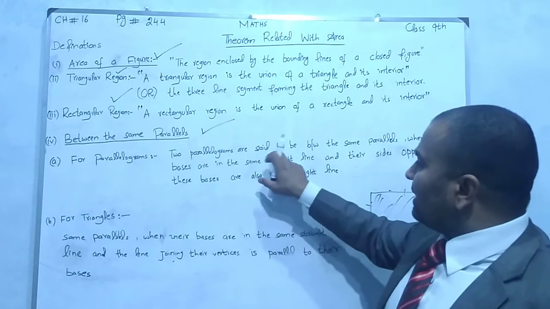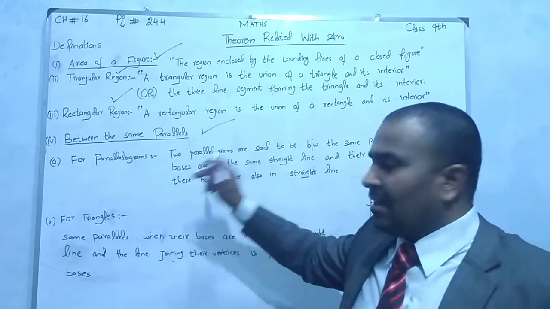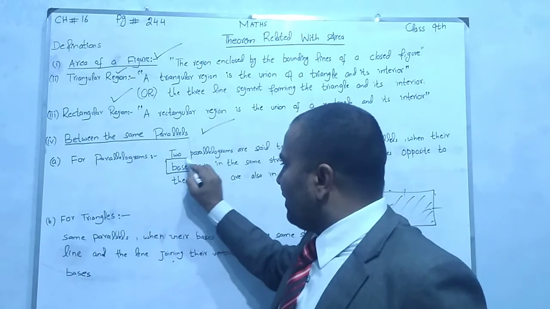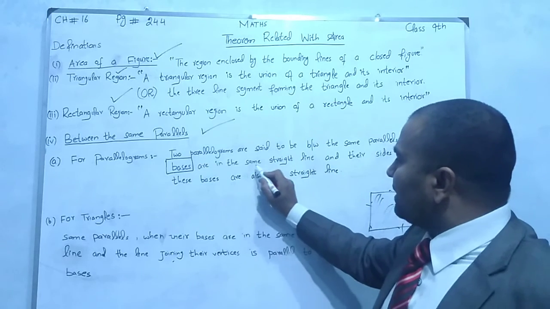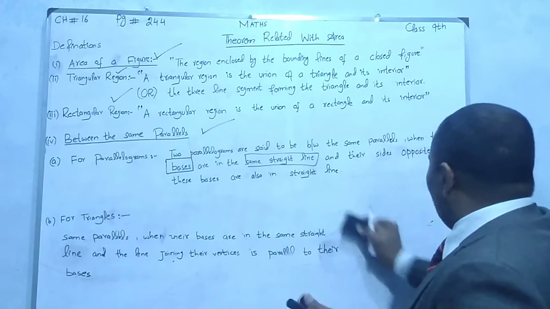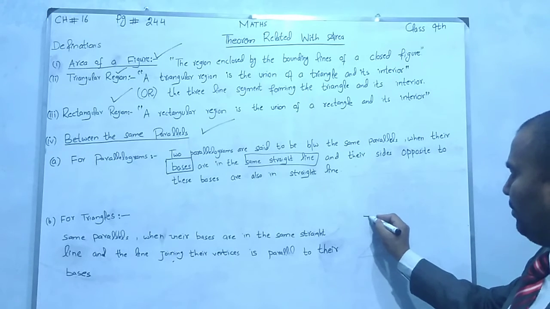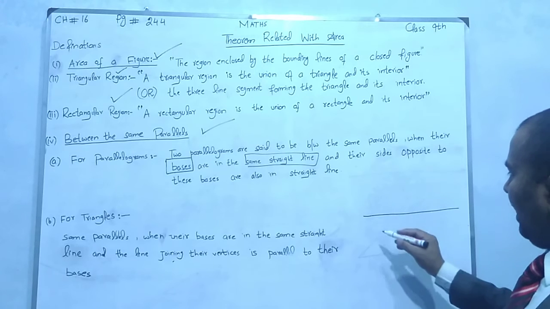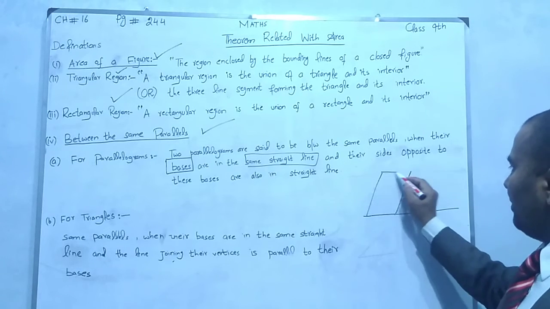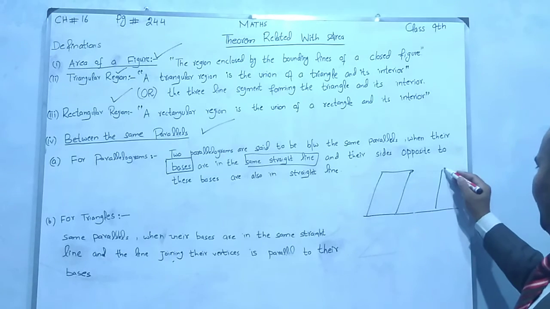Two parallelograms are said to be between the same parallels when their bases, understand the most important one, their bases, this is the first important word, are in the same straight line, like this. If I say these are two parallelograms, first parallelogram, and this is your second parallelogram.